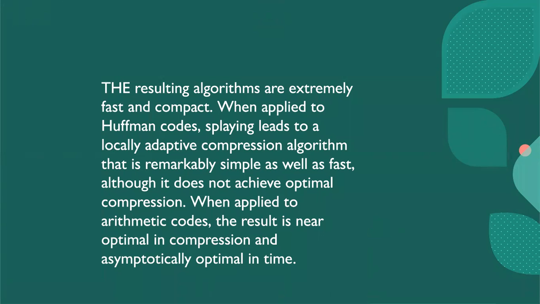Coming to this slide, the resulting algorithms are extremely fast and compact when applied to Huffman codes. Splaying leads to a locally adaptive compression algorithm that is remarkably simple as well as fast, although it does not achieve optimal compression. When applied to arithmetic codes, the result is near optimal in compression and asymptotically optimal in time.